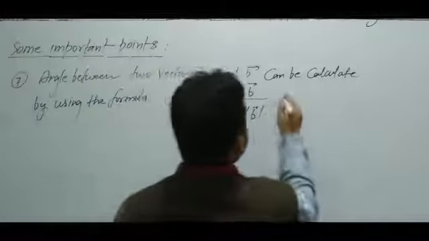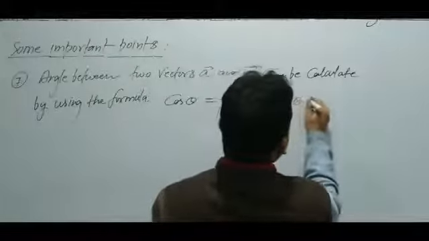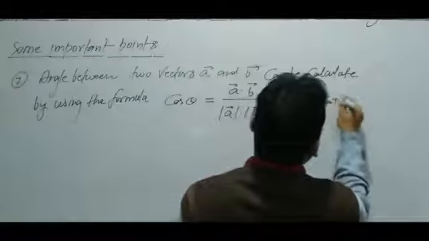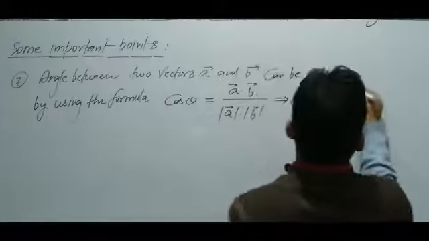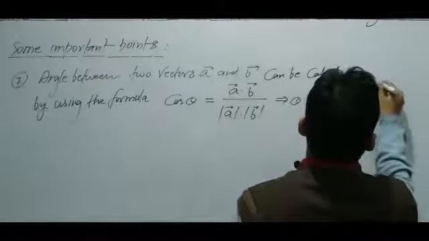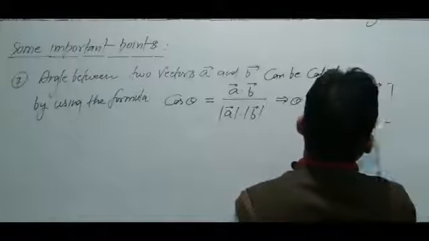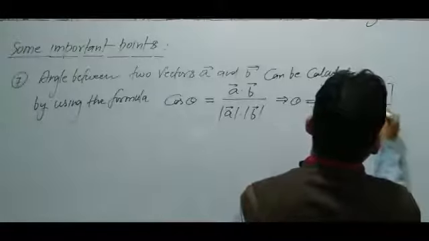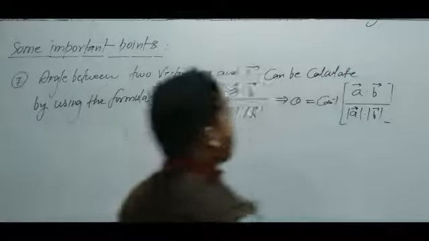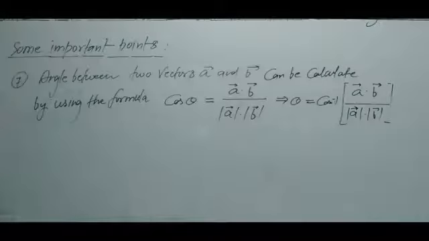Now we can write theta is equal to cos inverse of vector A dot vector B whole upon mod of vector A into mod of vector B. You can calculate angles easily.